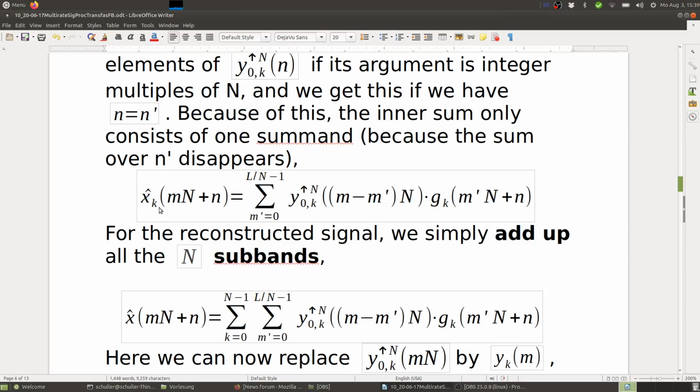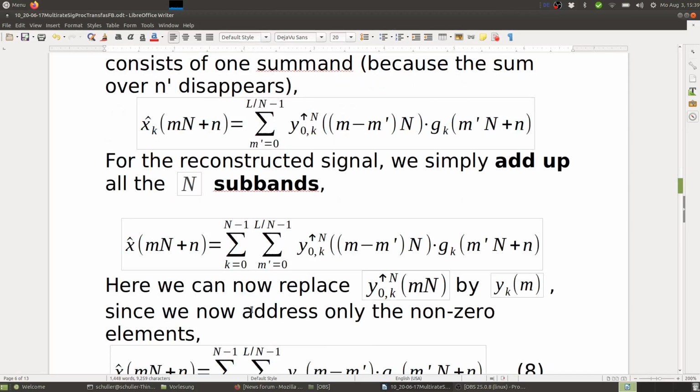And now we need to add up all those subbands, all the capital N subbands, which we do here in the next step. So the inner sum here stays the same as above, but then we go over all the subbands, k equals 0 up to capital N minus 1, to obtain the reconstructed signal x hat for block index m and in-block index lowercase n.